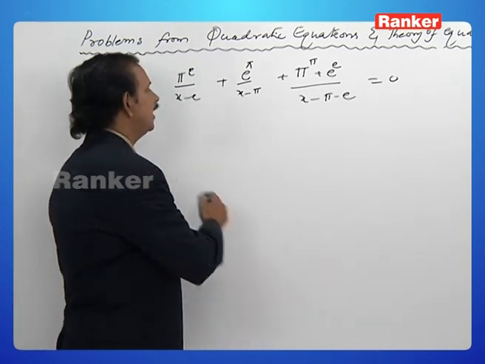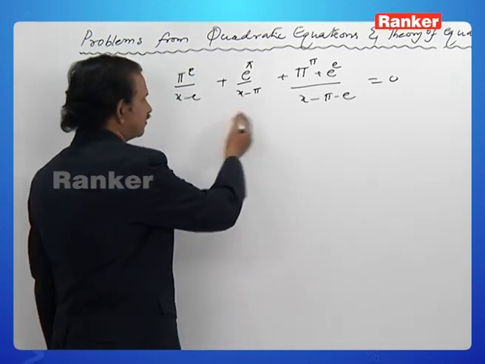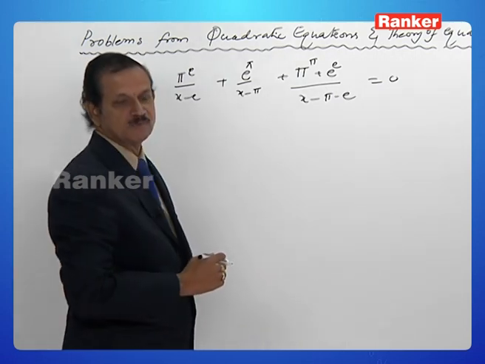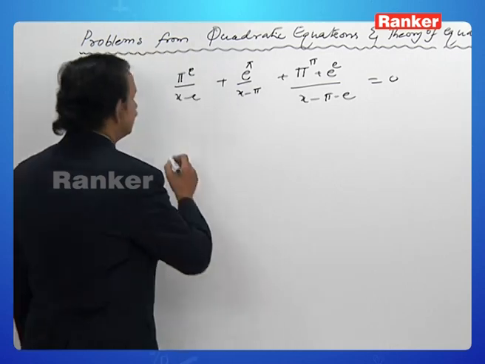Let us multiply on both the sides with the product of these denominators, x minus e into x minus pi into x minus pi minus e. Let us see what happens.